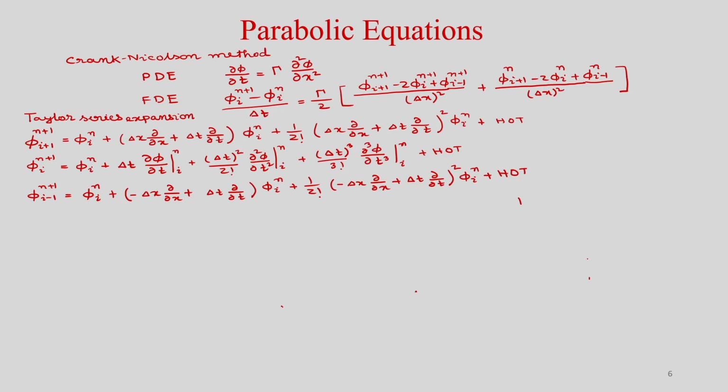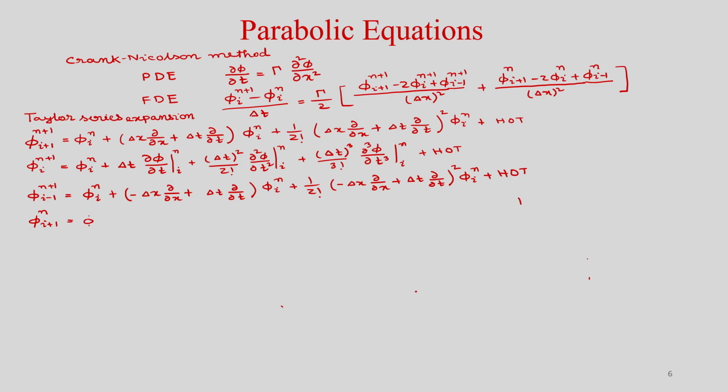So, next we will expand phi I plus 1 n, whatever these dependent variables are. So, phi I plus 1 n: here it is x plus delta x and t, so x plus delta x only.